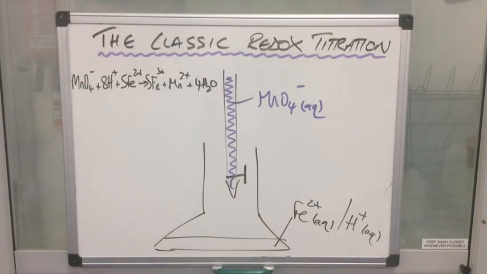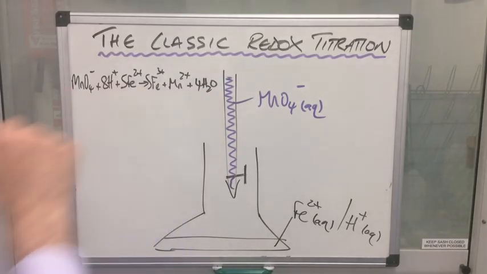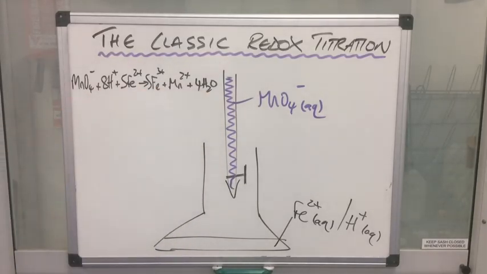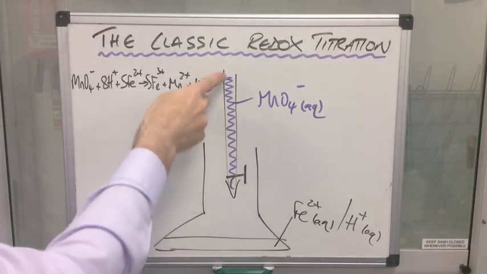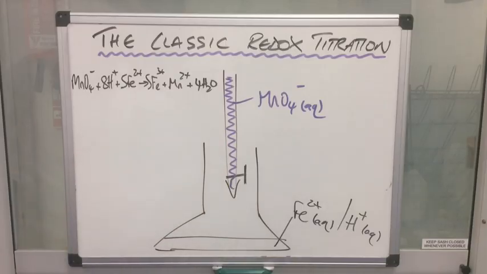Apologies for my crude diagrams here, but hopefully this will get the message across. There's the overall equation again, squeezed over on the left. If you were doing this titration, you would typically have a solution of manganate 7 ions in your burette. This would probably be in the form of KMnO4, potassium manganate 7, and you can see that that's purple in colour.